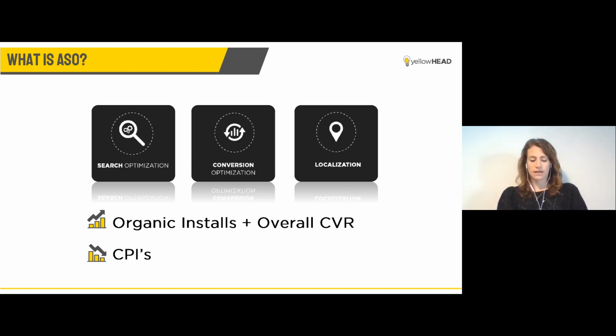All of these areas ultimately work to increase your organic installs, specifically through search optimization, and your overall conversion rate. This is the conversion rate for all incoming traffic and all visitors to the app page, not just the organic ones. The overall result of reaching these goals is a lowered cost per install. I'll walk you through that in a minute.